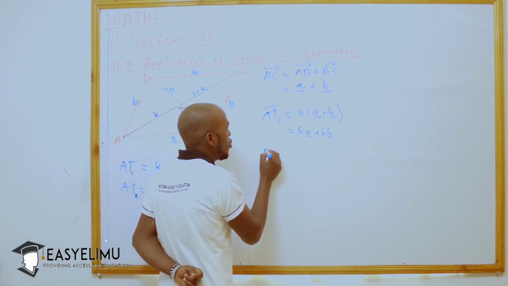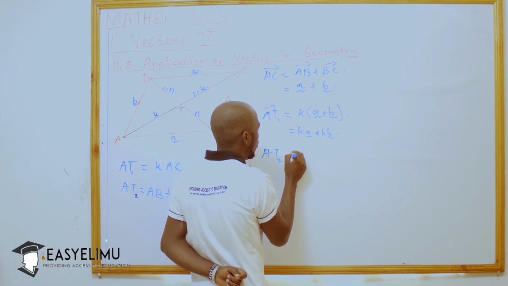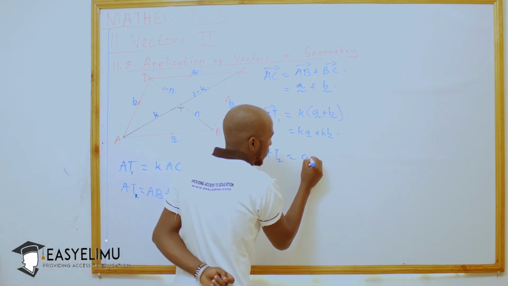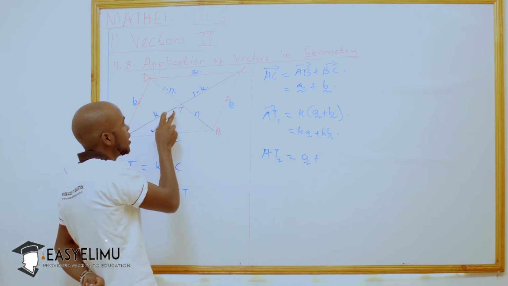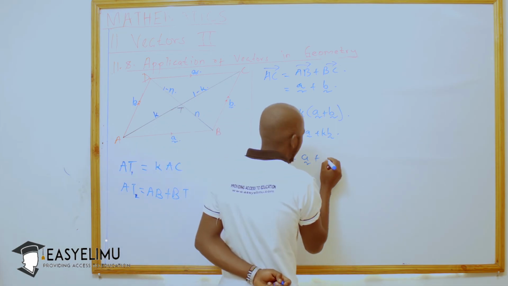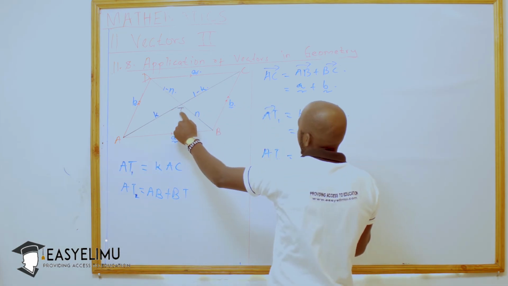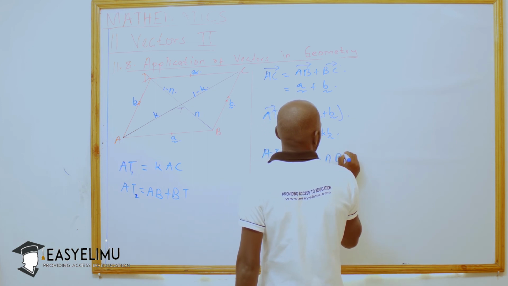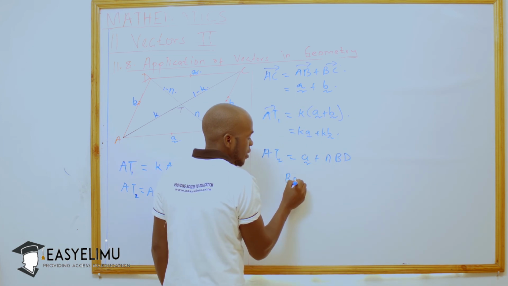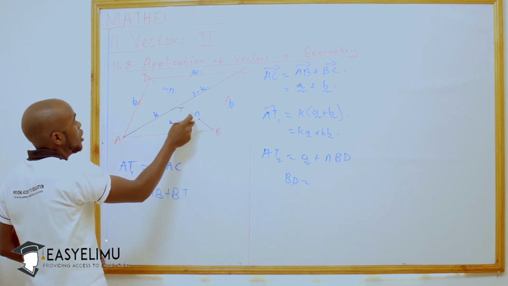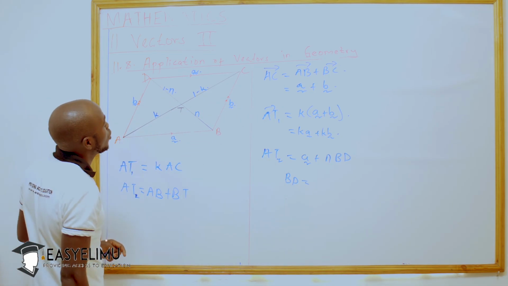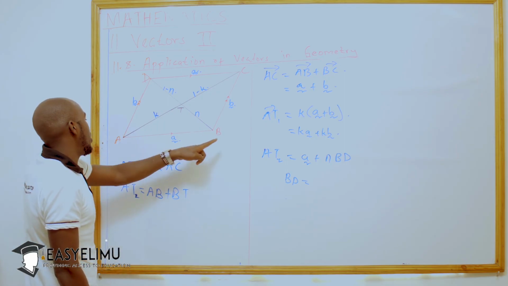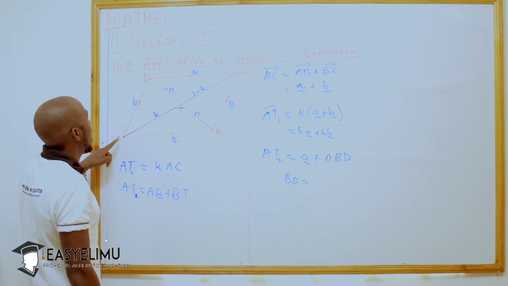The second one, I'm going to get AT2 equal to AB, and AB is vector A, plus BT. And remember BT here is N of BD. But remember, BD is equal to negative of the vector AB plus AD.